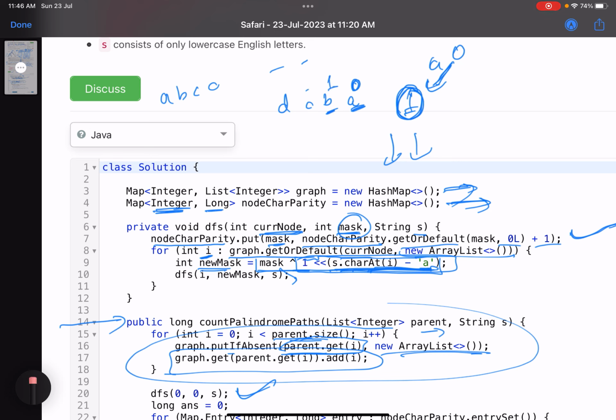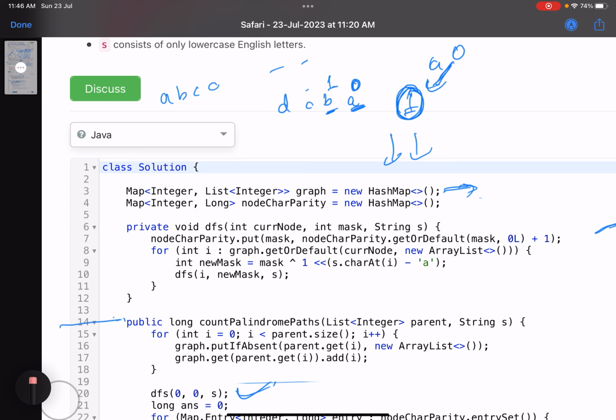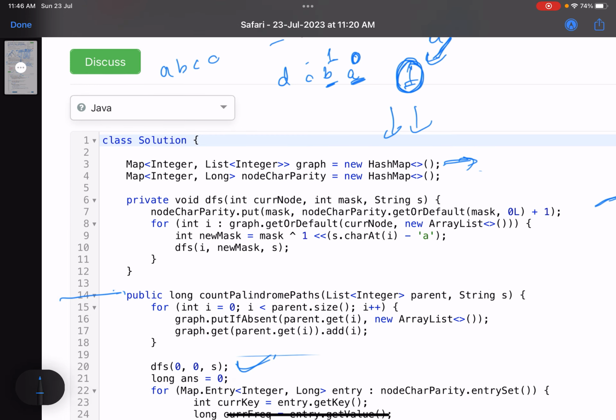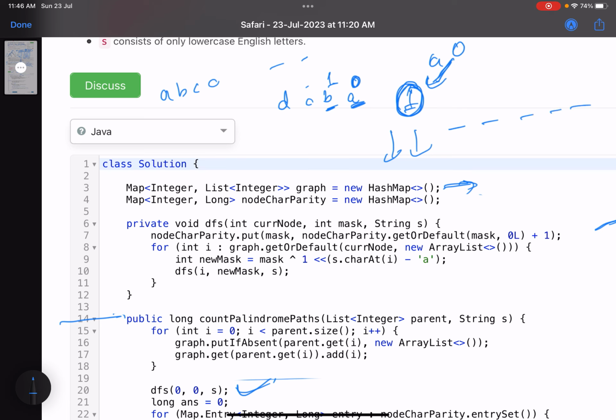Let me erase this to make it clearer. Whatever the parities of the characters were till now, I am just tweaking the parity of one character because one extra edge is being added. Which character is being added? Whatever the character minus A. So if it's B minus A, that means the first character. So 1 left shift 1 brings you to this position.